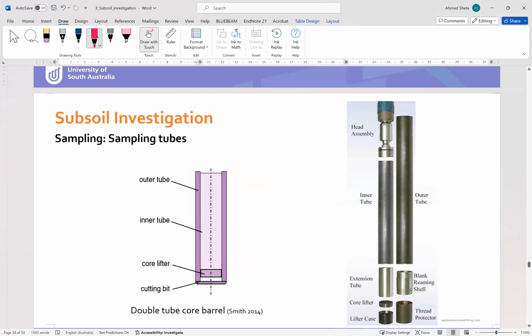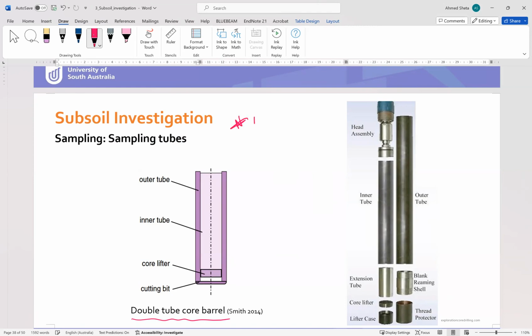There is another one called the double tube core barrel. It has a cutting bit, core lifter, and so on. Again, what is the main advantage of these samplers?